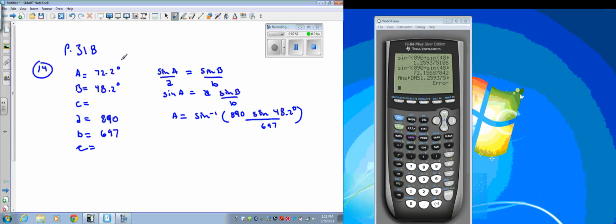Now, what we have to do is decide whether or not we have two triangles. And then you're going to do an A1. When I did this sine inverse, it's either going to be 72.2 or else it could be 180 minus that, right?